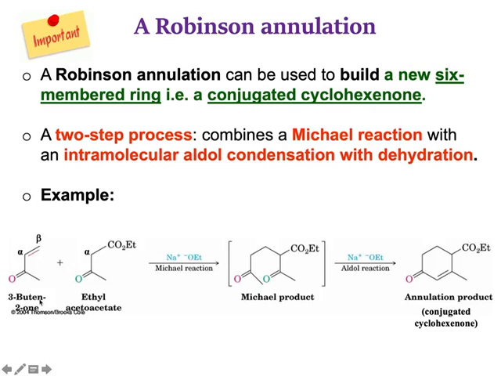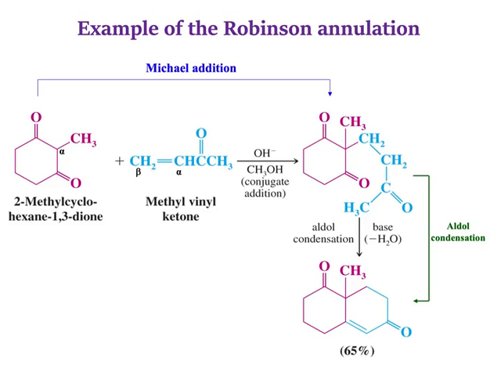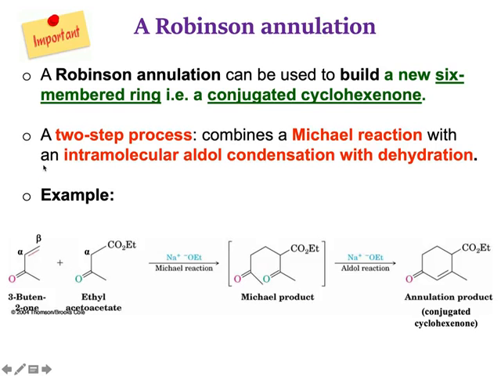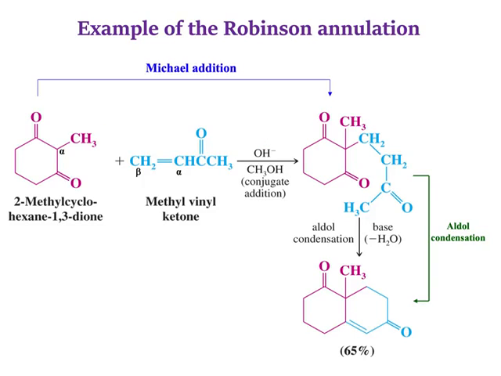As you can look here, a 2-step Michael reaction with intramolecular Aldol condensation, then we have the hydrogenation. So you have the alpha carbon and you have the alpha beta carbon. This one is the alpha carbon, this one is alpha beta.